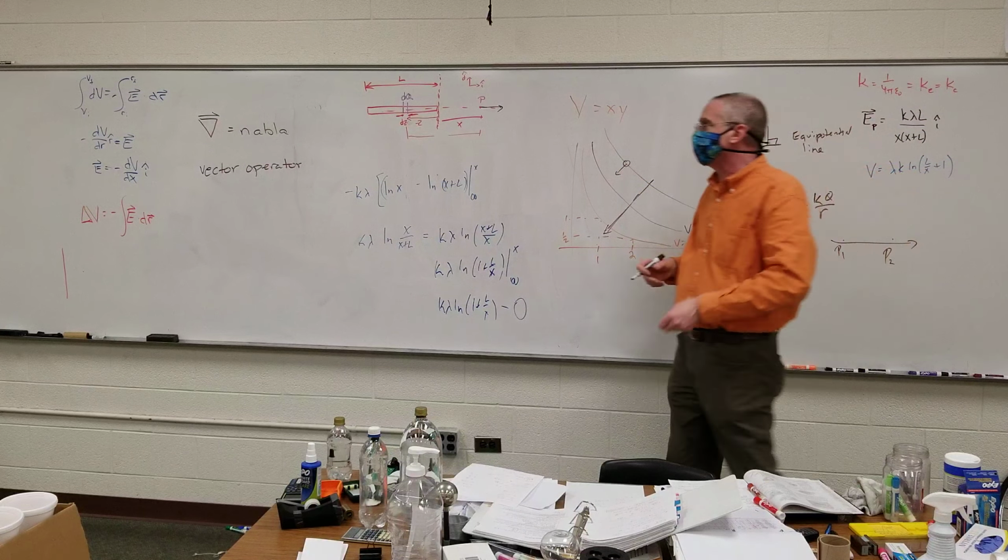Those are dels, it's not the number 2. Plus j hat del y plus k hat del z. They're kind of like derivatives, but a little bit different.